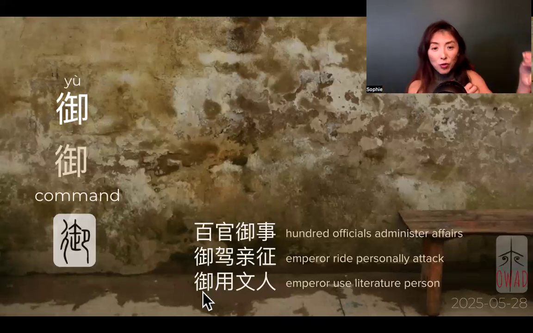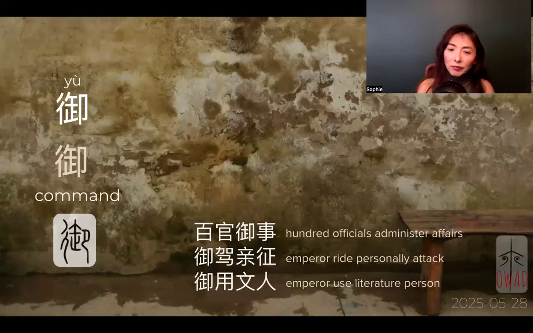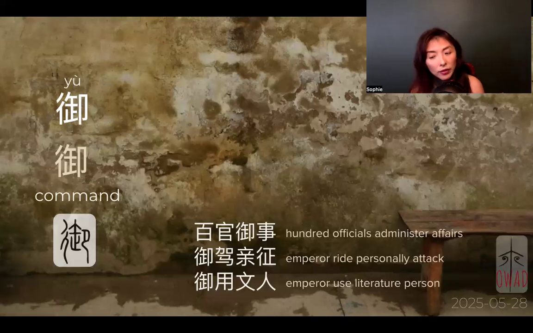All right, 御用文人, again here, this command. And then we go to the extreme end of it. It's the top command, the emperor. 御用文人, the emperor's used literature person. 文 means text, means literature. So communicator. So 御用文人 is an ancient way to say people who are good at communication, good at words, who are employed by the emperor himself to be the official mouthpiece for propaganda.